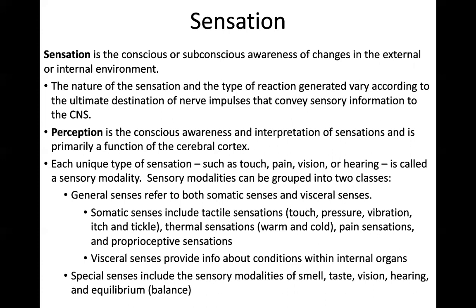There's actually 2 types of general senses: somatics, which they always say come from our skin, muscles, tendons, joints. Okay. So examples of somatics are the tactiles: touch, pressure, vibration, itch, and tickle. The thermals: warmth and cold, pain.